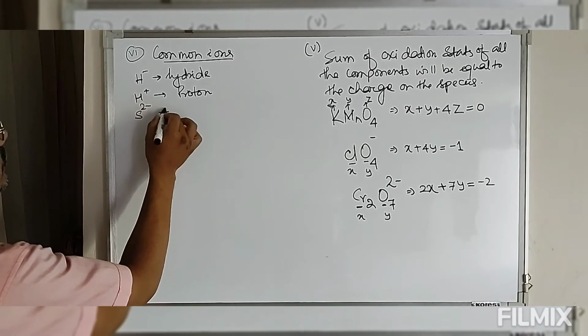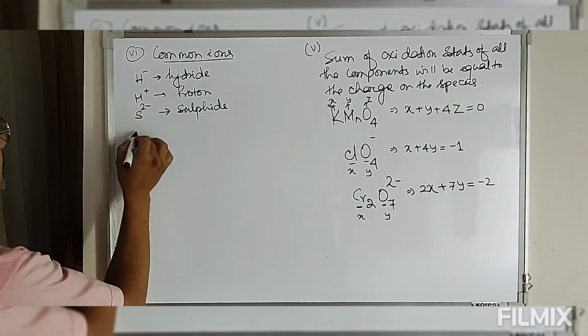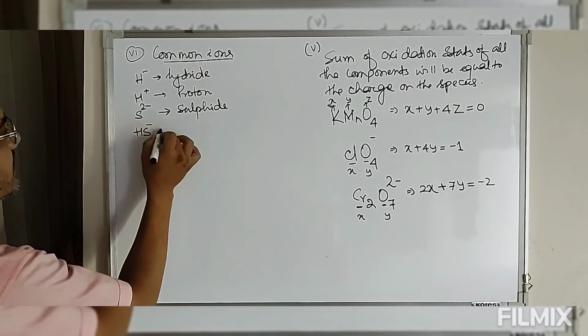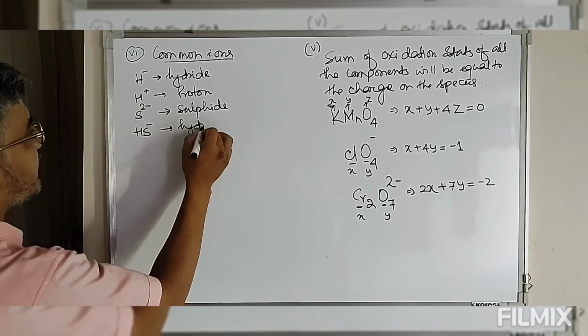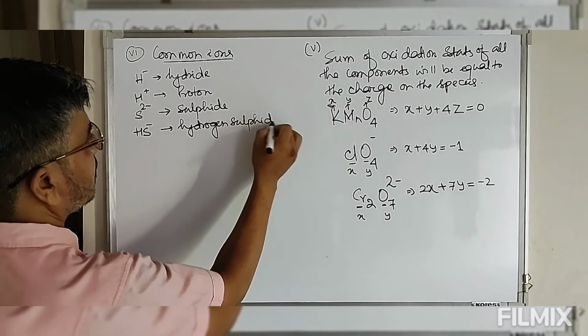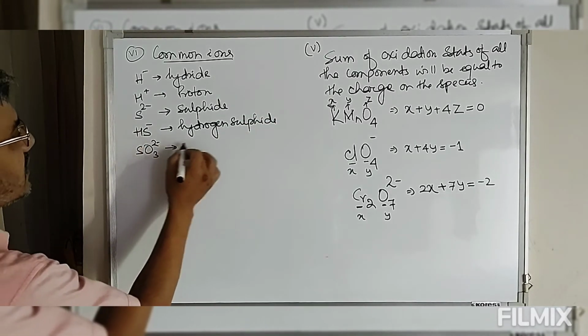S minus 2, sulfide ion. HS minus, hydrogen sulfide. SO3 2 minus, sulfite ion.